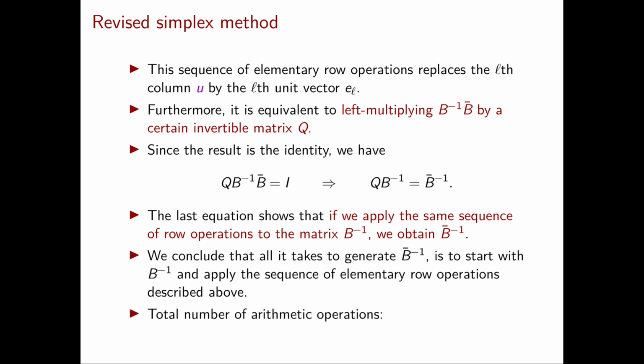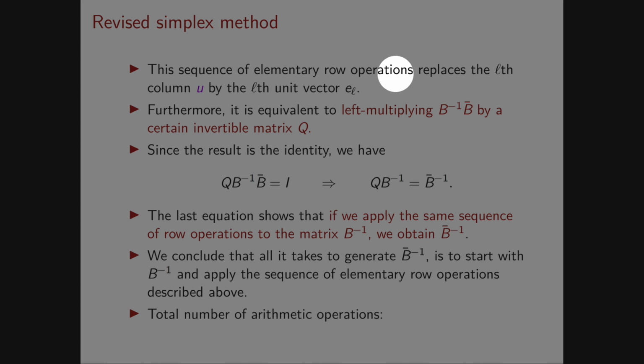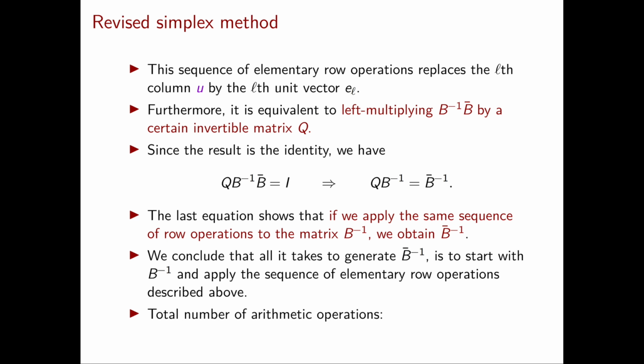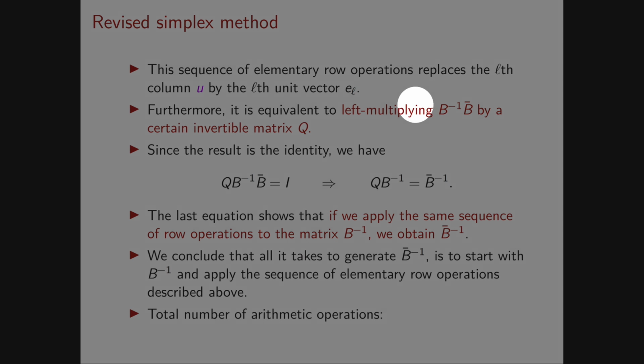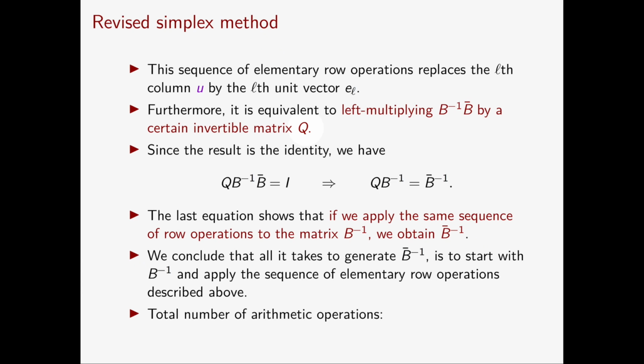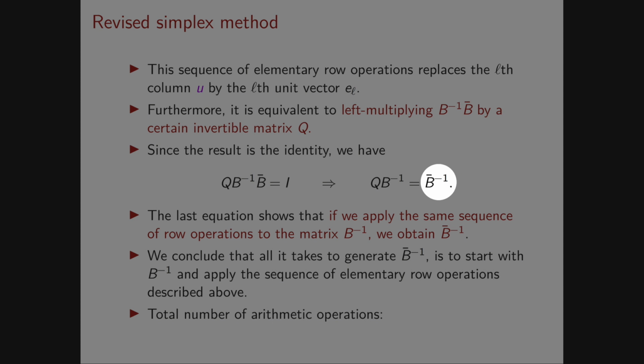So we have understood how, with elementary row operations, we can replace the lth column u by the lth unit vector el. We know that this is equivalent to multiplying on the left B inverse B bar by a certain invertible matrix Q. So, as we have already discussed, the matrix B bar inverse, which is our target, will be equal to Q B inverse.